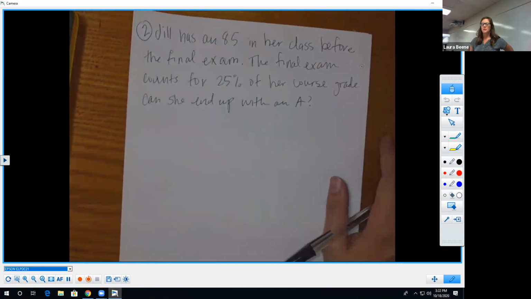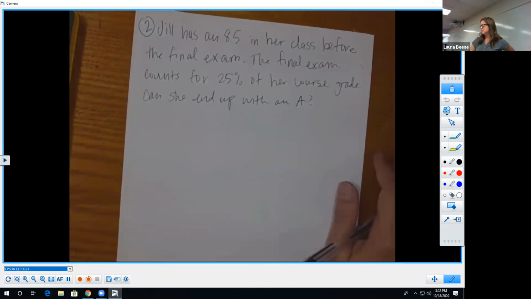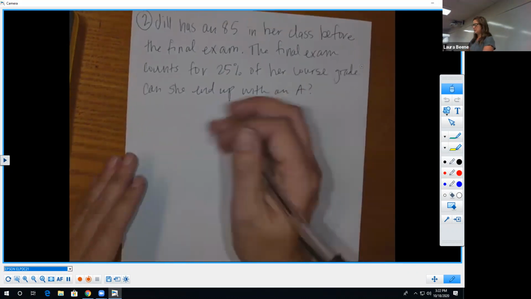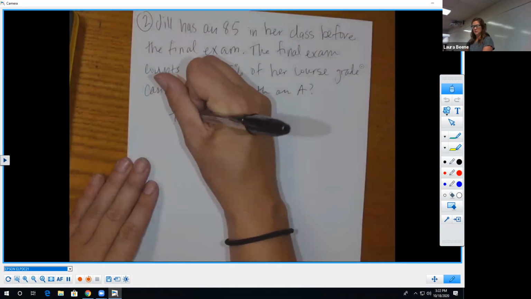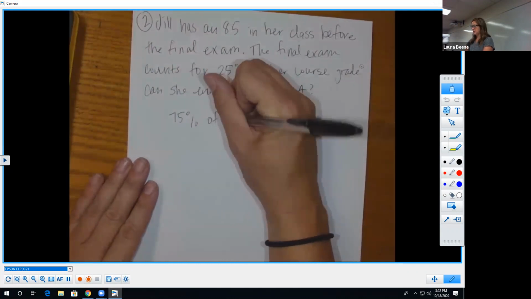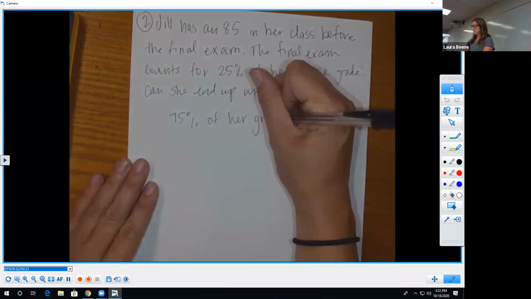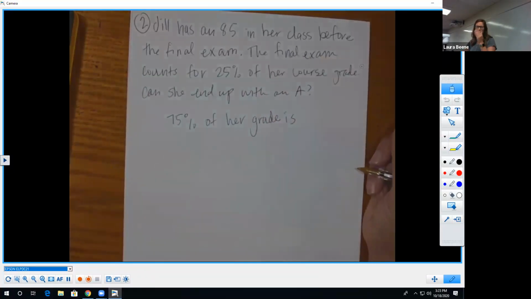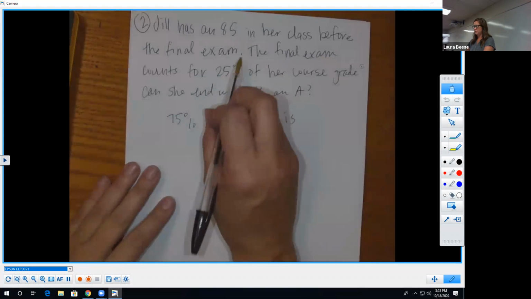For this problem, this is a weighted average because it tells us the final exam counts for 25% of her grade in the class. So 75% of her grade is the stuff she already has, the grade of 85.